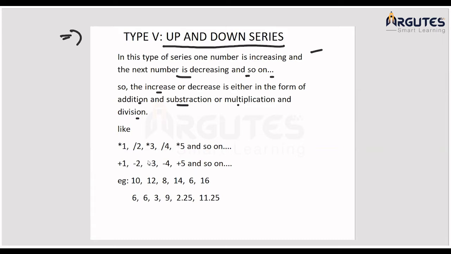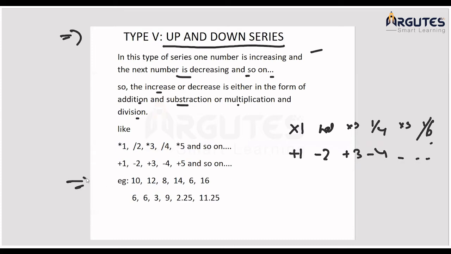Like you will find that one number is 1 times, other number is half, then the third number is 3 times, other number is 1/4, then the fifth number is 5 times, other number will be 1/6, like this. Or you can find that next number is +1, other number is -2, next number is +3, other number is -4, like this. Let us look at the example.